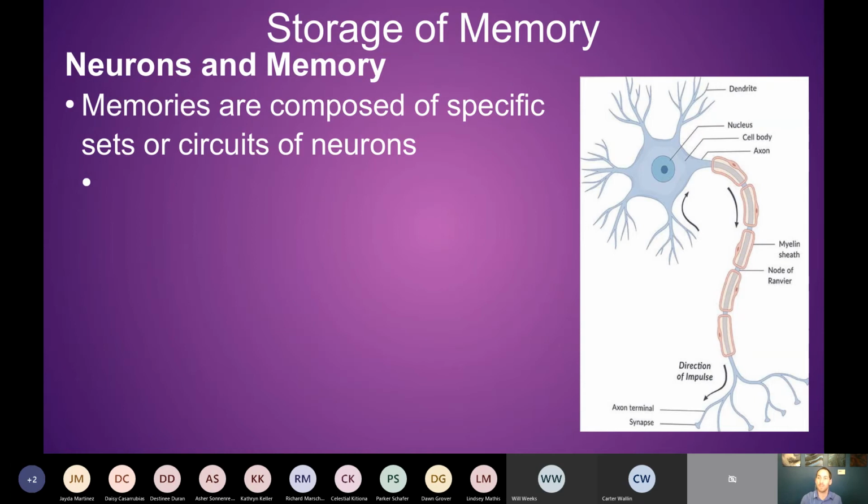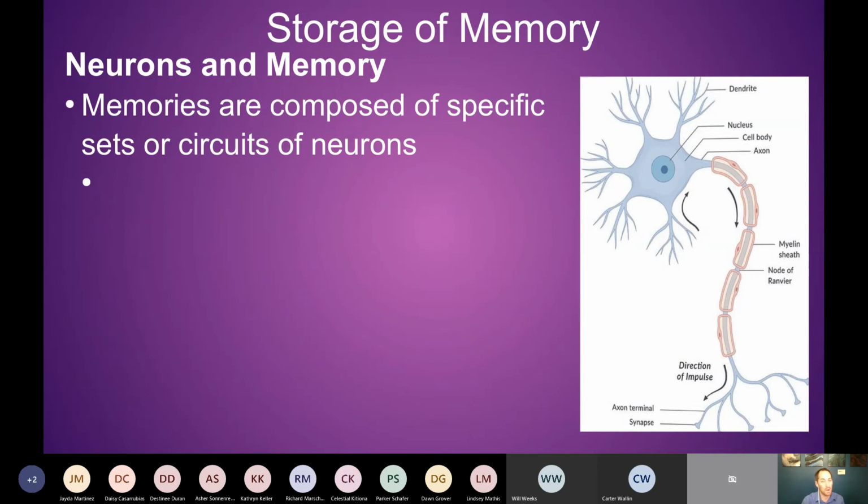When we sleep, some of our memories from the day are re-encoded. The connections between dendrites and axon branches are strengthened. So it makes it easier, when something primes a memory, for that whole circuit or whole network of neurons to fire again together.